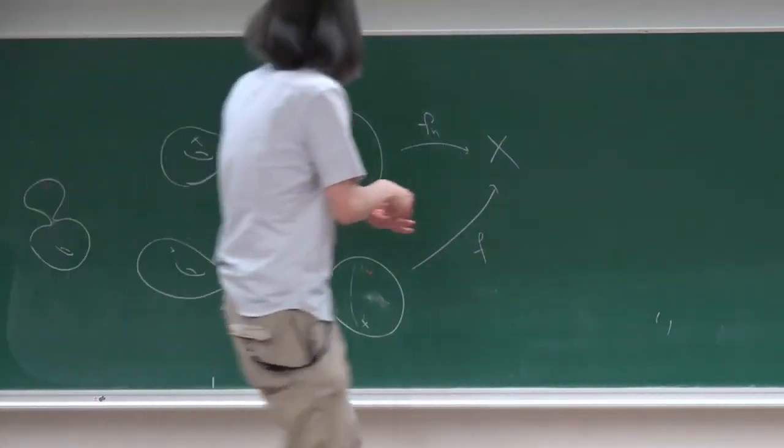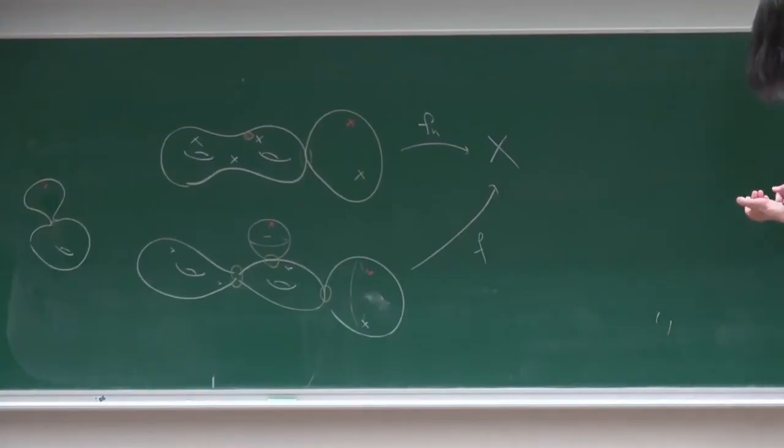Is it okay? So locally, I have this red point, right? And then I have something like this, and then the surface is somewhere like this.